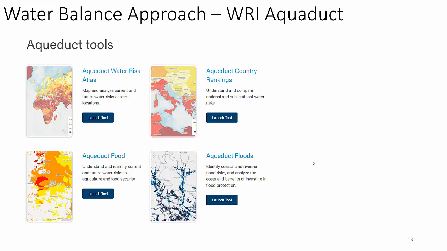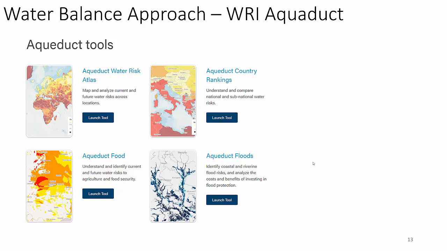I worked with the World Resources Institute over the last 10 years to develop and conceptualize a geospatial water balance modeling visualization tool called Aqueduct. Aqueduct you have links to in the webpage in both your notes as well as in Blackboard.